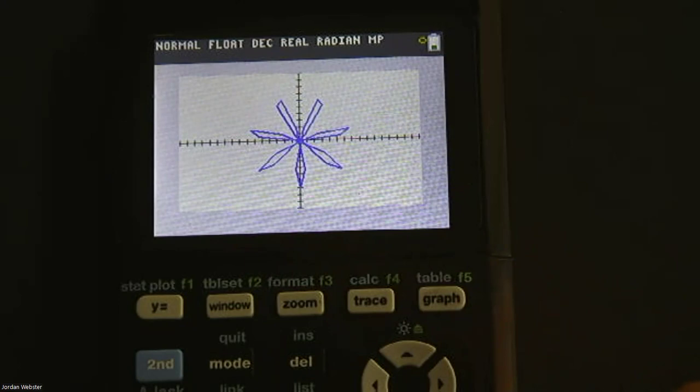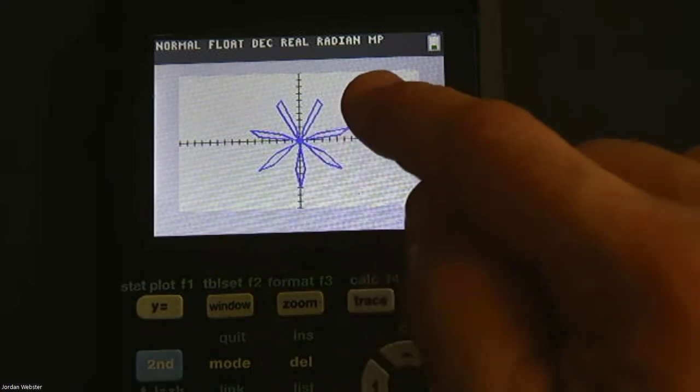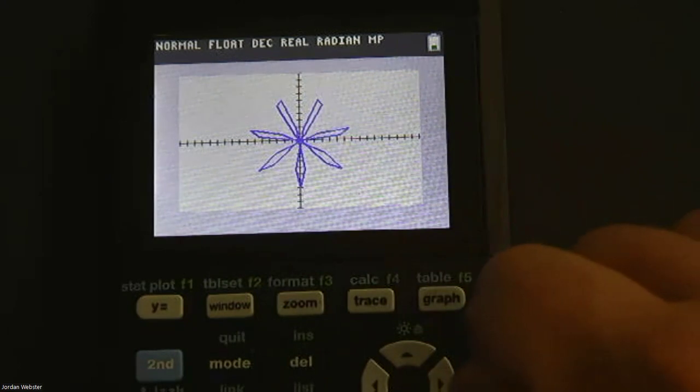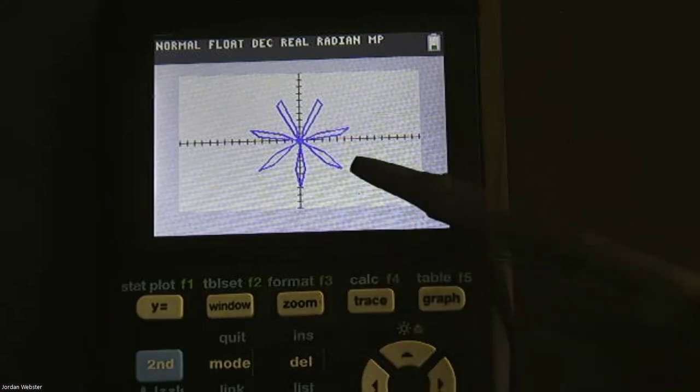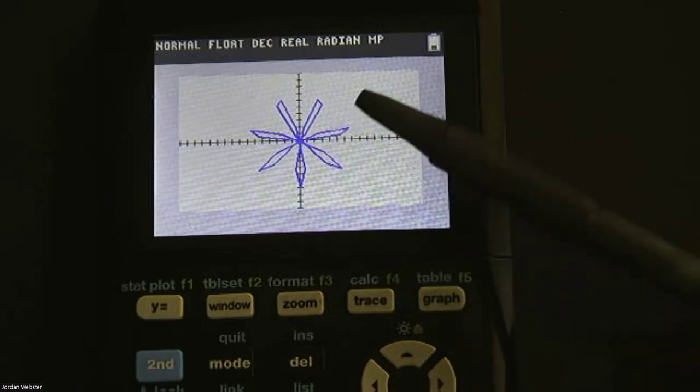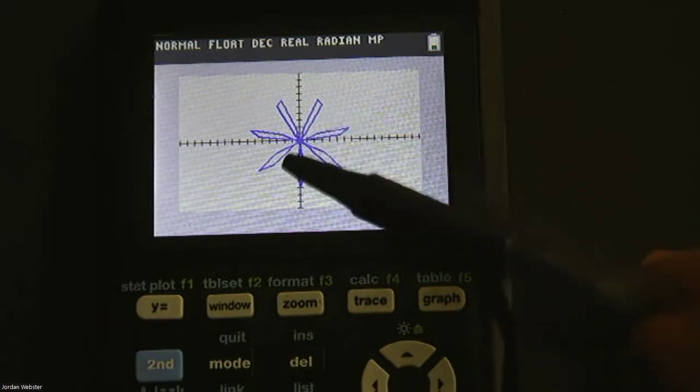The reason why those loops look choppy is because your calculator is doing a connect the dots problem, similar to the way you would do a connect the dots problem back in kindergarten, connecting dot 1 to dot 2, drawing a picture. If you draw straight lines connecting the dots, it doesn't look very smooth.